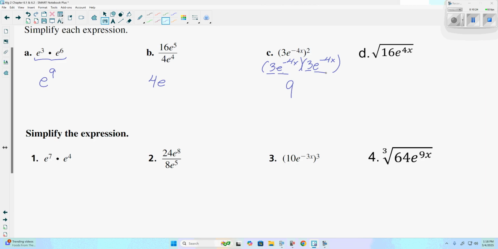E to the negative 4x times e to the negative 4x. We multiply something by itself, we add the exponents, which would be negative 4x plus negative 4x, which would be negative 8x. So 3e to the negative 4x squared would be 9e to the negative 8x.